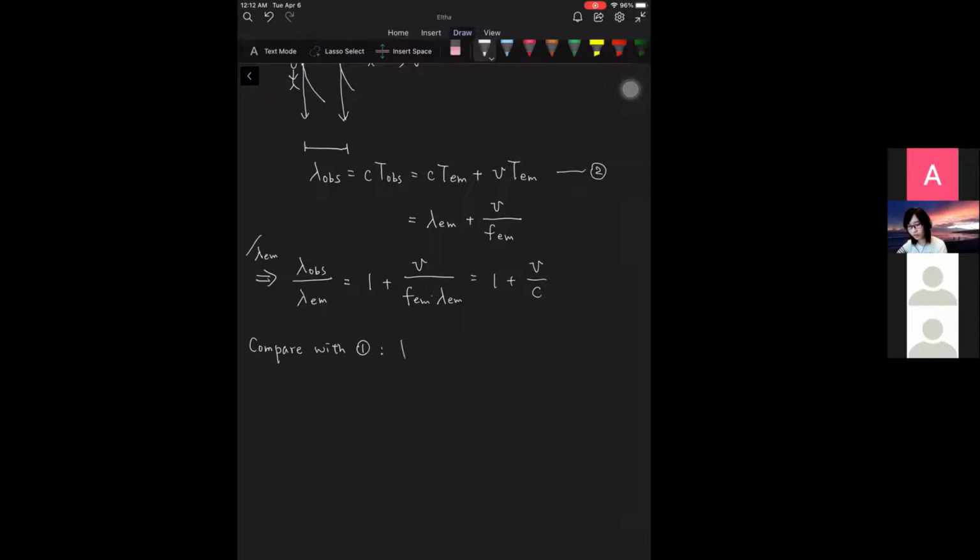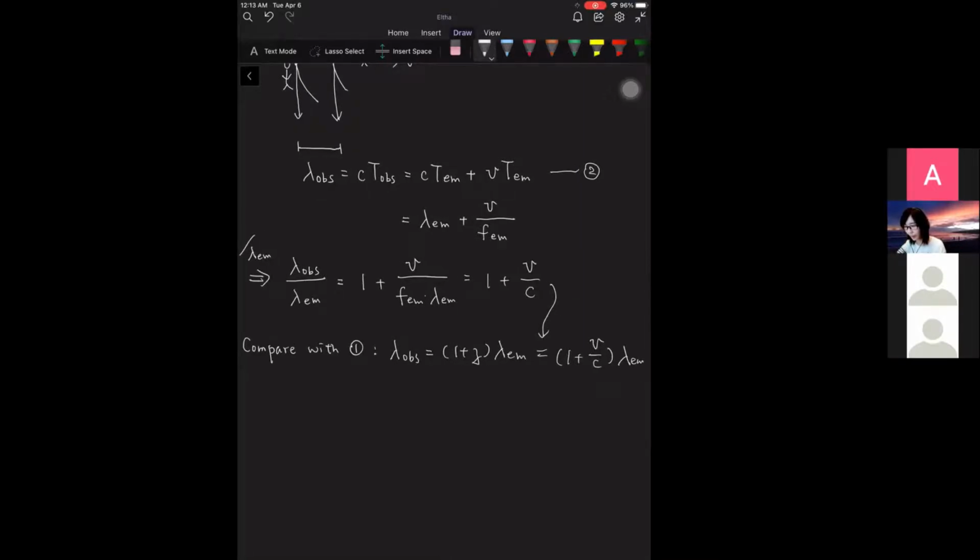Equation 1 gives us that lambda observed is equal to 1 plus z multiplied by the emitted lambda. And from the equation we just derived, this is just 1 plus v over c times lambda emitted, right?